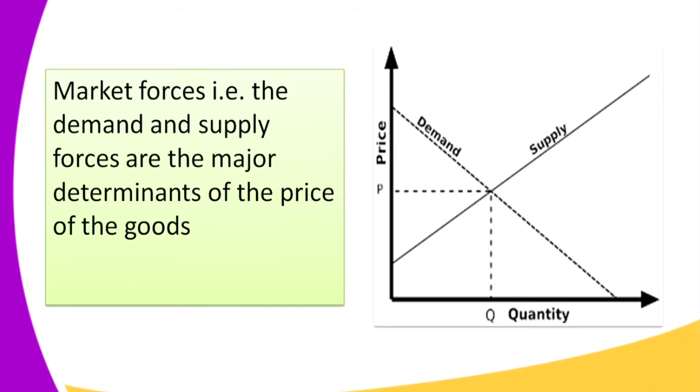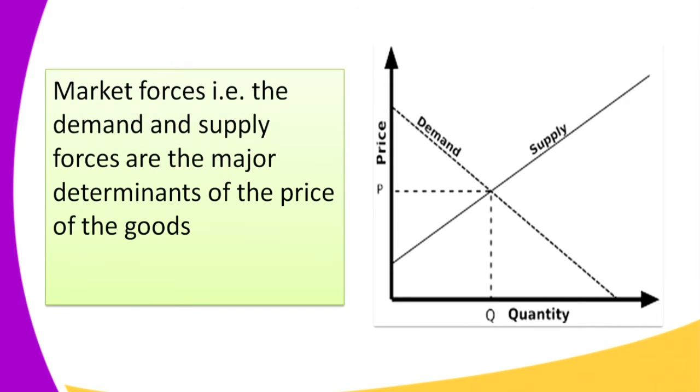And the market forces are the ones that determine the point we are calling the equilibrium point. So one way of determining the price of a product is the market forces. The market forces determine the equilibrium point, and that equilibrium point is whereby you will get the equilibrium price and also the equilibrium quantity.